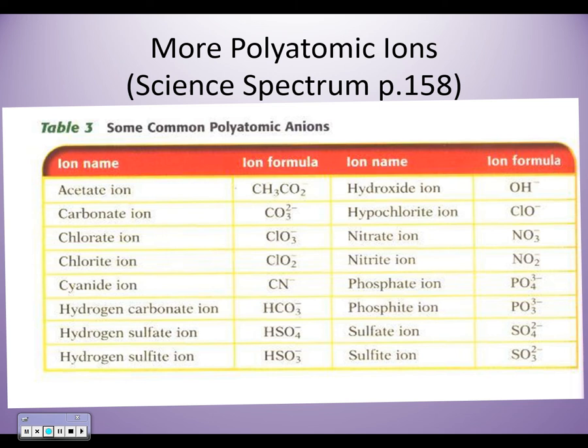Covalently. So that's why these are all nonmetals. To get these to form, we covalently bond. But now that they've picked up an extra electron, how do they bond to other things? They bond ionically to other things, but together they're covalently bonded. So to make the polyatomic ions, they bond covalently, but to do anything else?